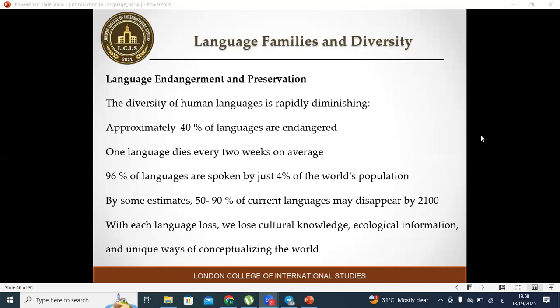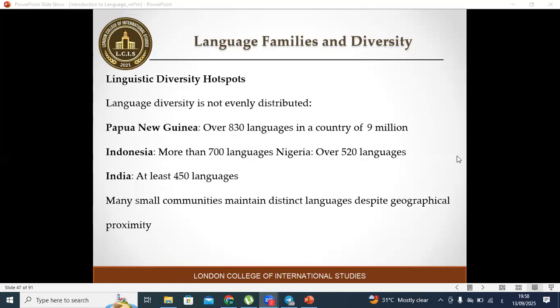Linguistic diversity hotspots. Language diversity is not evenly distributed. Papua New Guinea, over 850 languages in a country of 9 million.